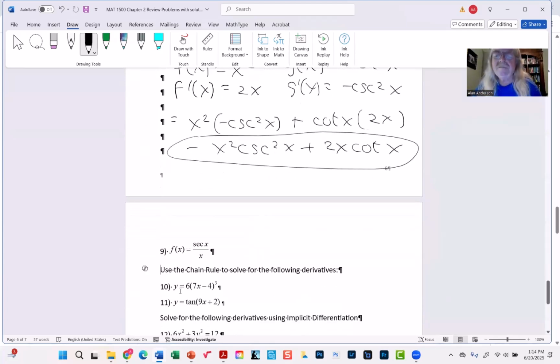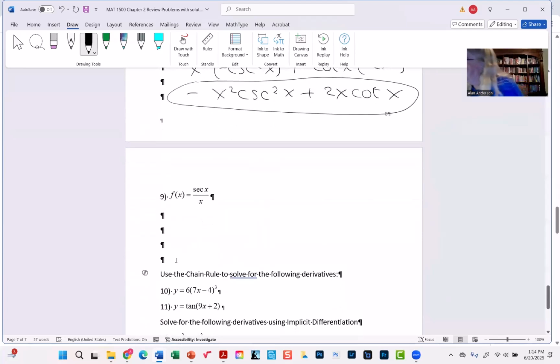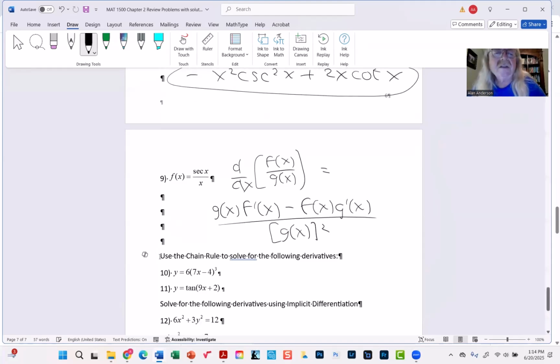Now here we go. A trig function and the quotient rule both combined. Well, all right, let's see what we can do with it. Once again, here's what the rule looks like. So the numerator is the secant.